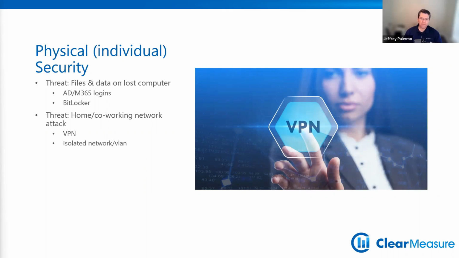Do you have existing controls to mitigate threats? And one of the most common controls is encryption in transit, encryption at rest. And so VPN gives us that encryption in transit. BitLocker gives us encryption at rest.